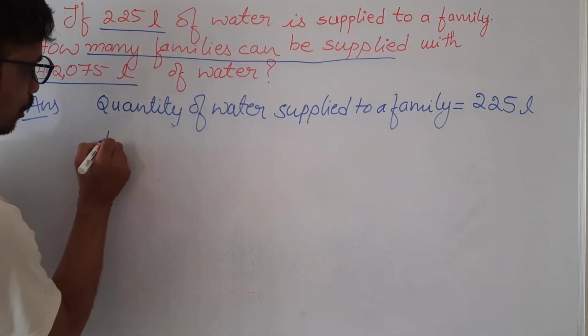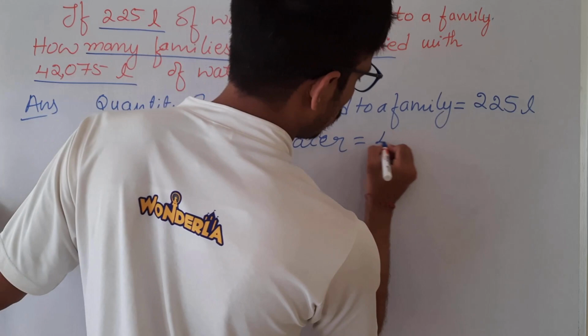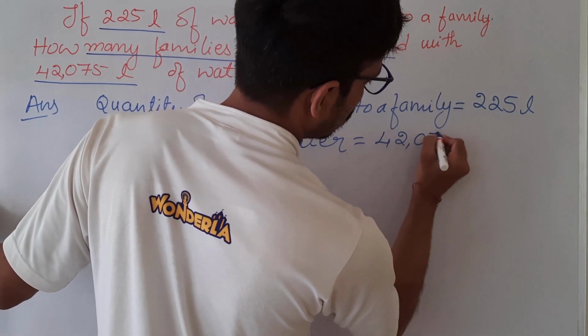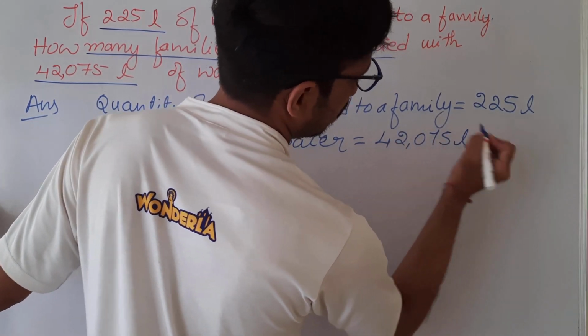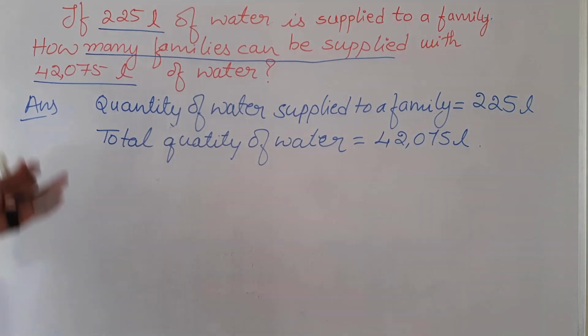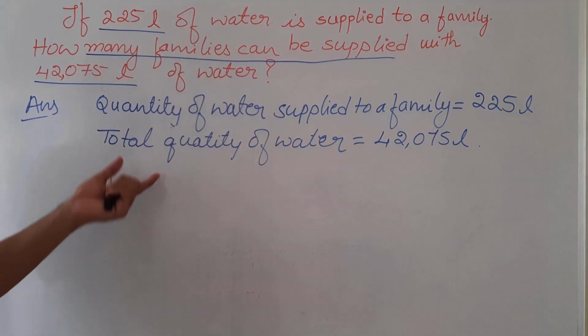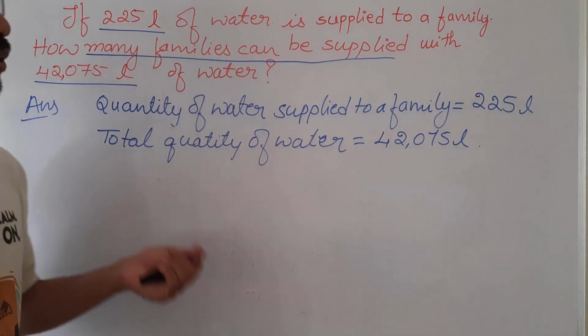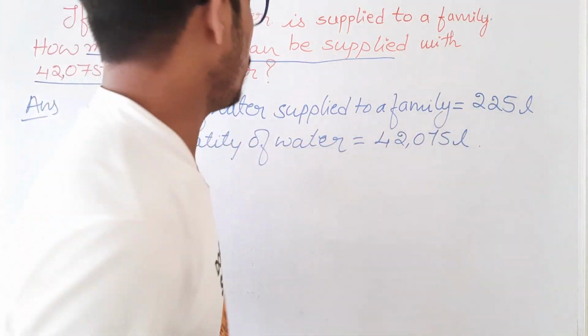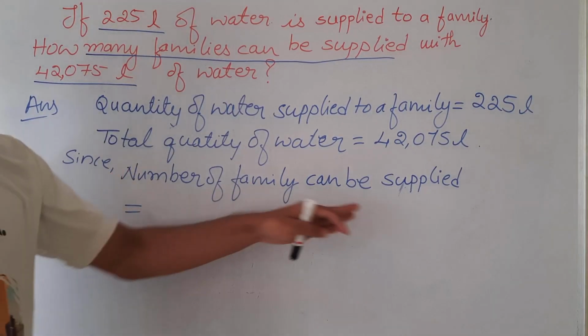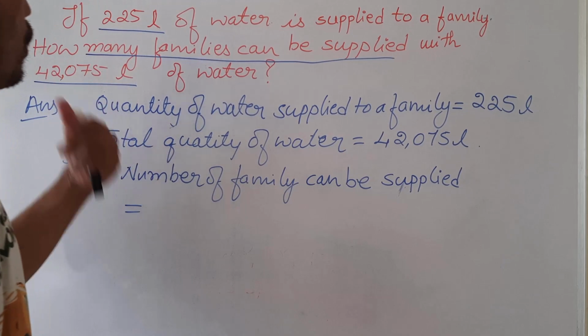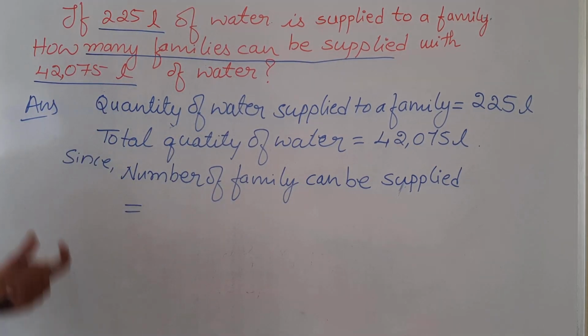Total quantity of water equals 42,075 liters. They are asking how many families it is sufficient for at the rate of 225 liters. To find the number of families that can be supplied, which operation do we need to do? We will choose that by understanding this question.